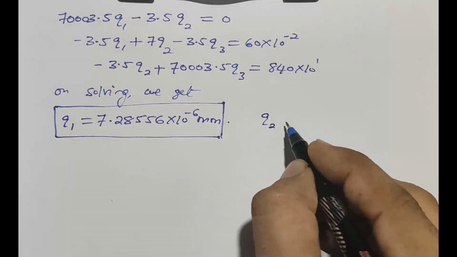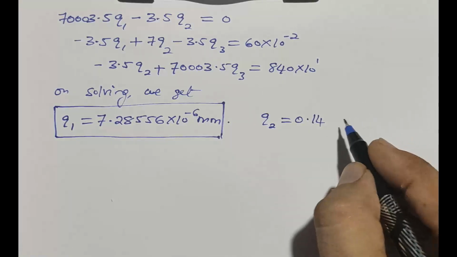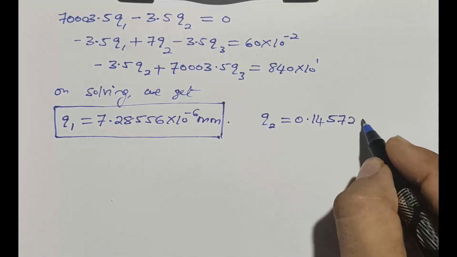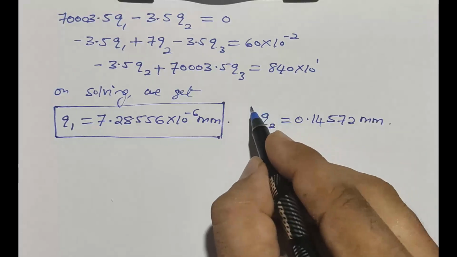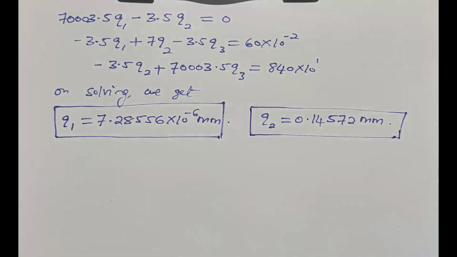Q2, that is displacement at node number 2, is 0.14572 mm. This is displacement at node number 2.